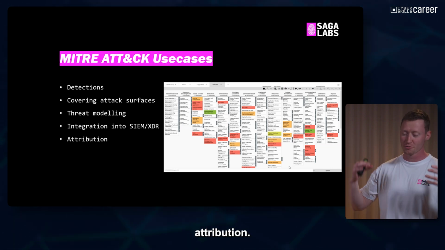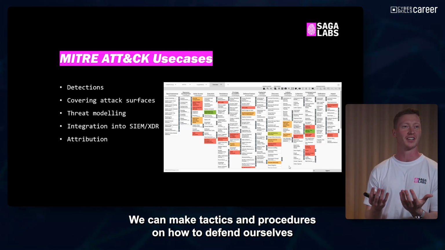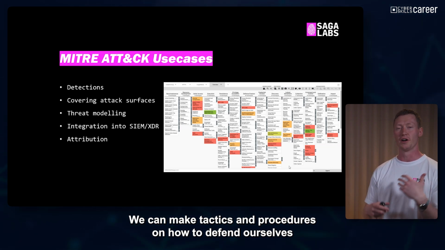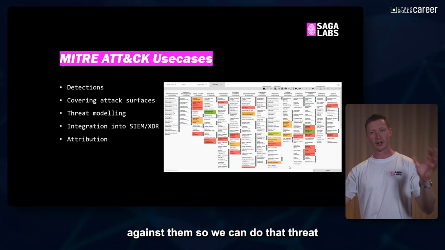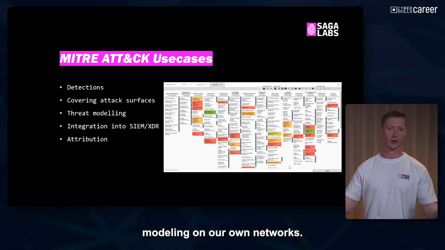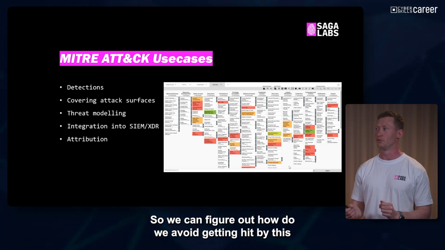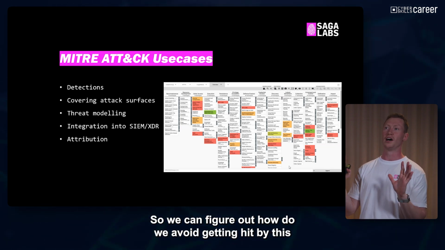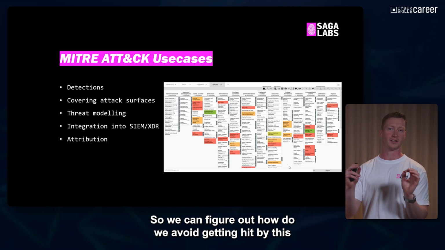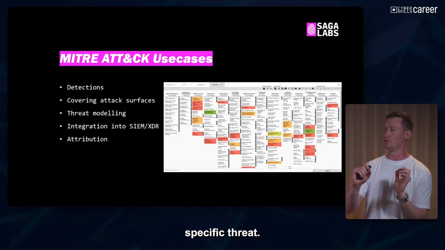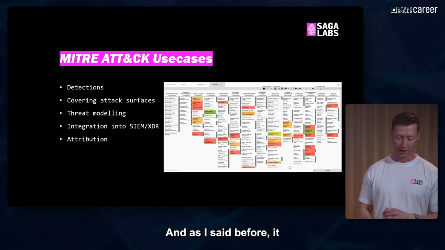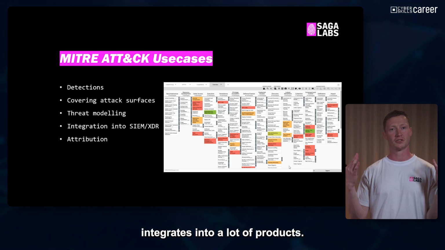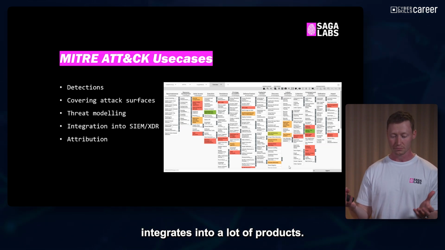We can make tactics and procedures on how to defend ourselves against them. So we can do that threat modeling on our own networks. So we can figure out how to avoid getting hit by this specific threat. That's really, really powerful. And as I said before, it integrates into a lot of products.